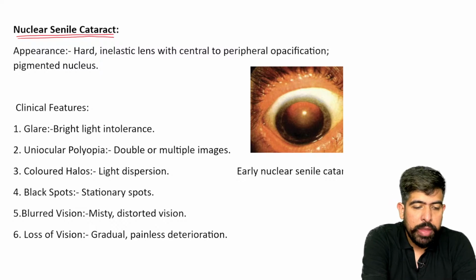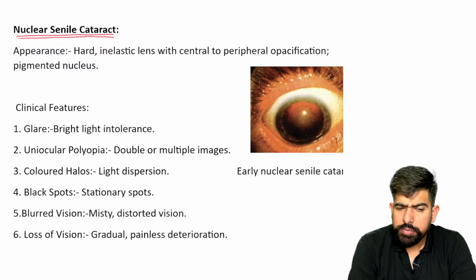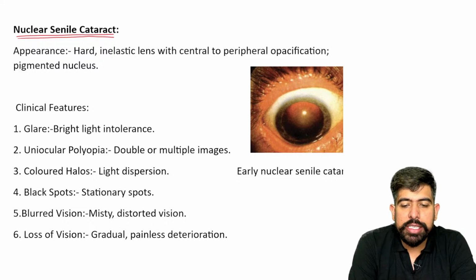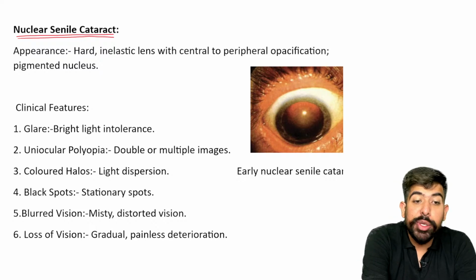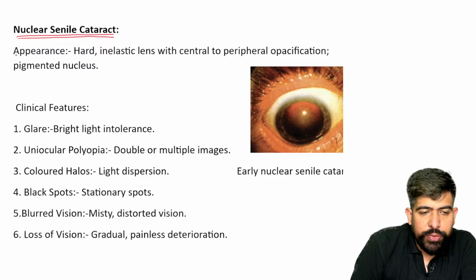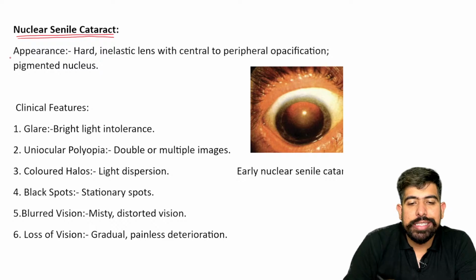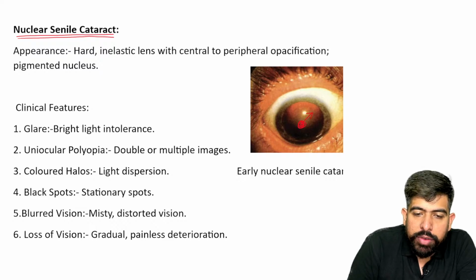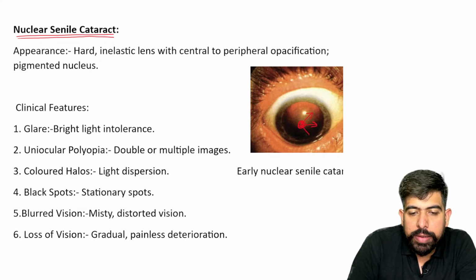As we talked about the anatomy of the lens, I told you that there is a nucleus. If only the nucleus is involved, the clouding starts from the nucleus and spreads to the periphery, from central to periphery like this.